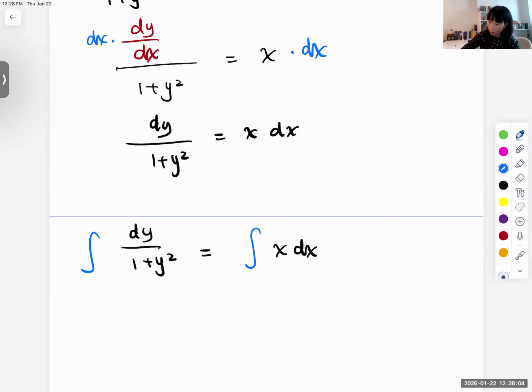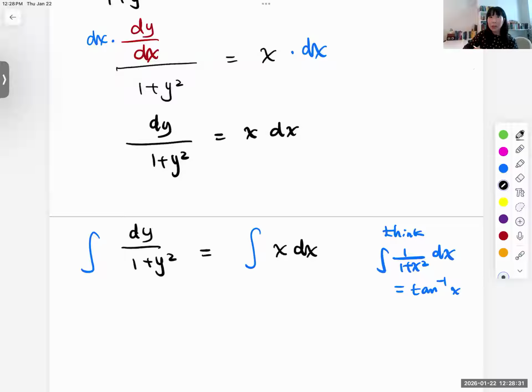Think: 1 over 1 plus x squared. Very good, it's arctangent. We denote it this way, the inverse of tangent. Let me write it down here.